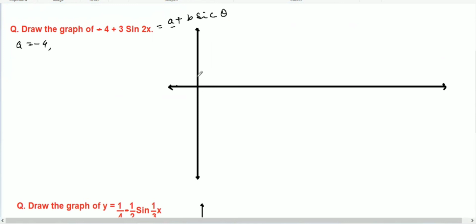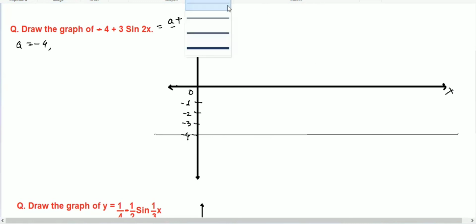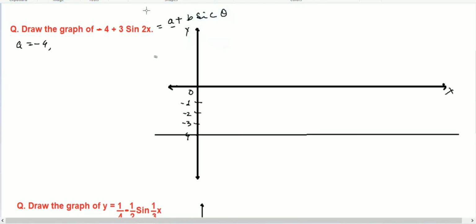So first, let's do it here. 0, this is x, this is y, and as the midway line is minus 4, so 1, minus 1, minus 2, minus 3, and minus 4. So draw the midway line first here. Our graph will be on this midway line, on minus 4. This is the midway line.